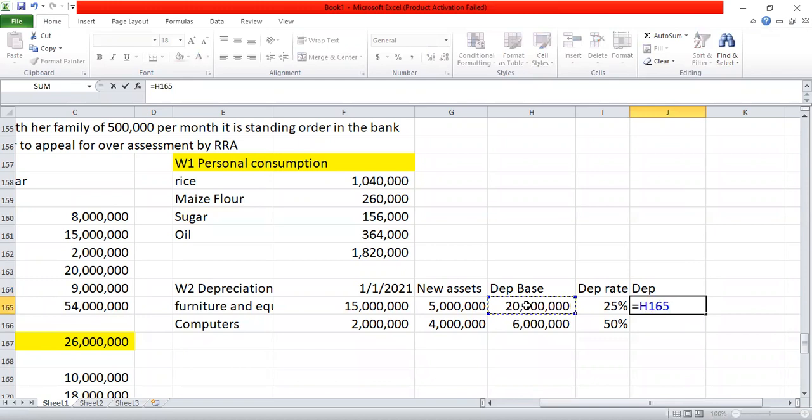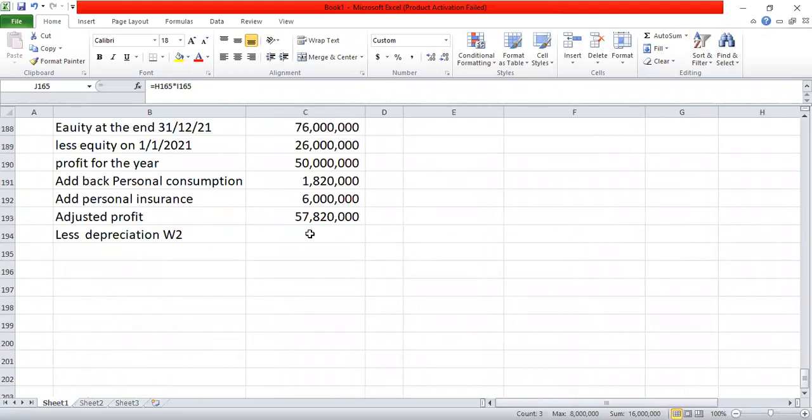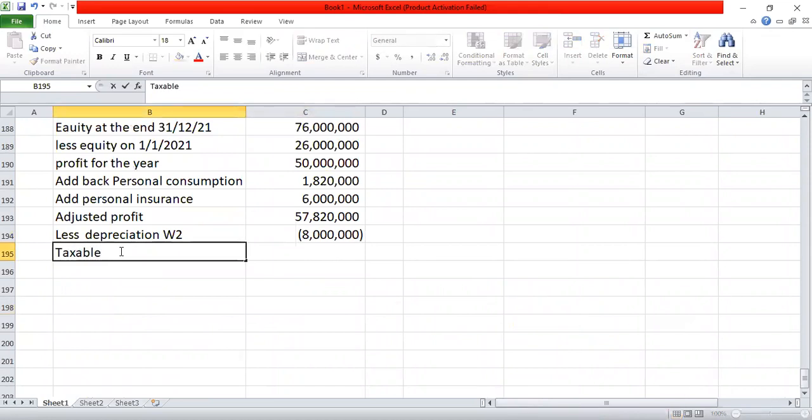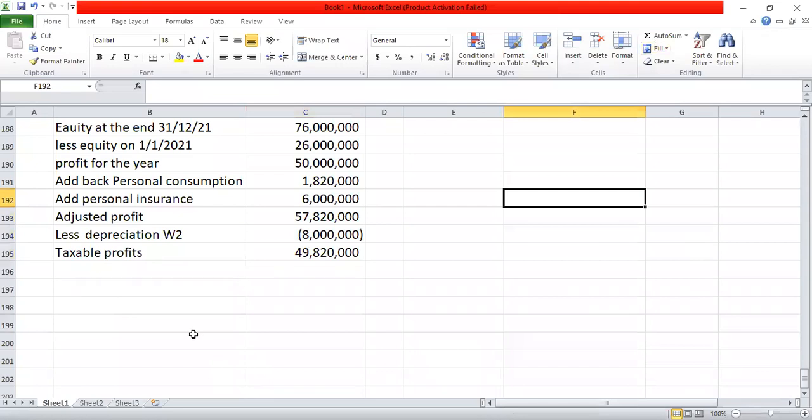This is this times this. So the total depreciation is 80 million. So then I'm going to recognize down here. So my taxable profit is 49. Now I can compute.